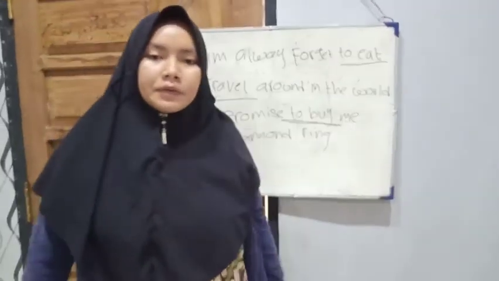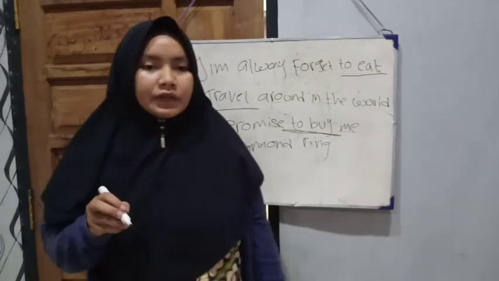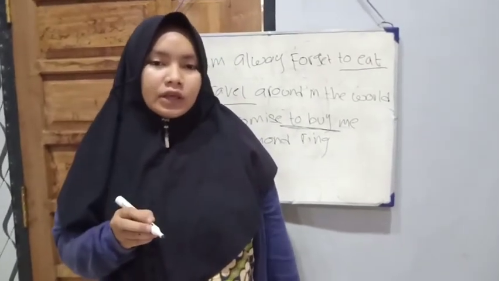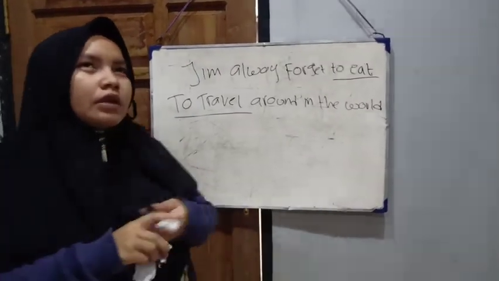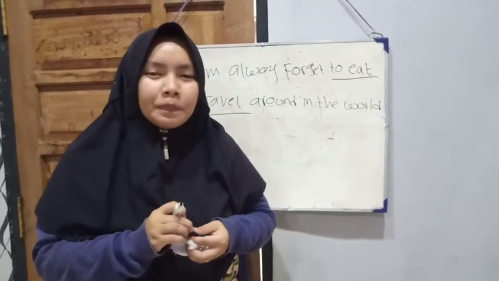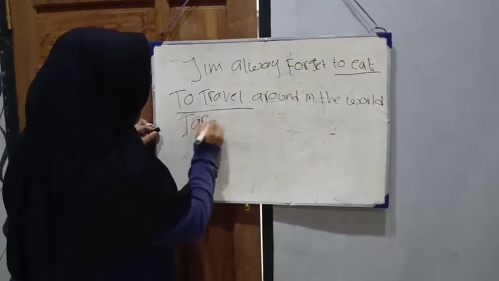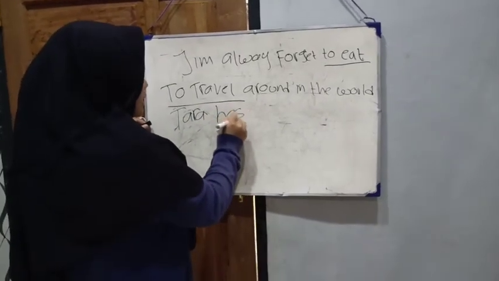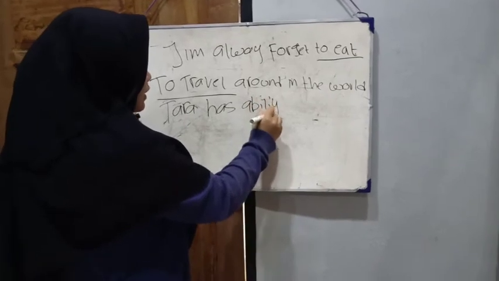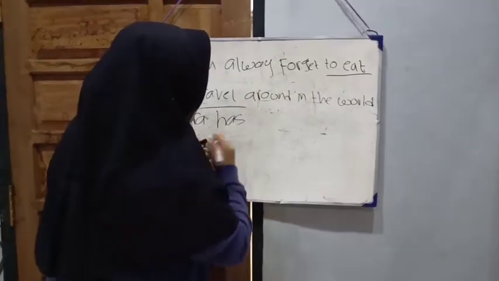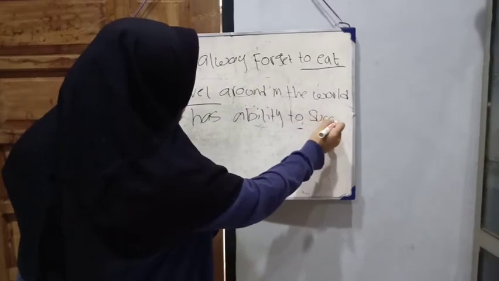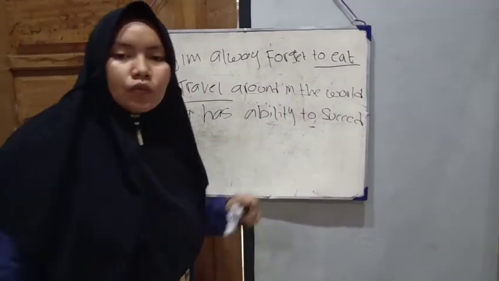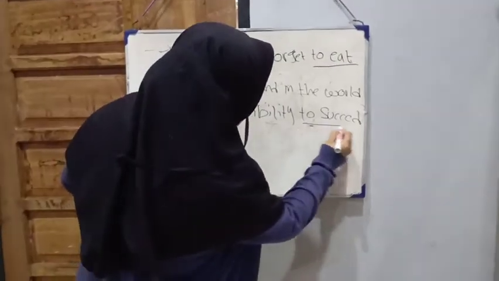And then an infinitive modifying an adjective or noun, for example, Sarah has the ability to succeed. And we can underline to succeed.